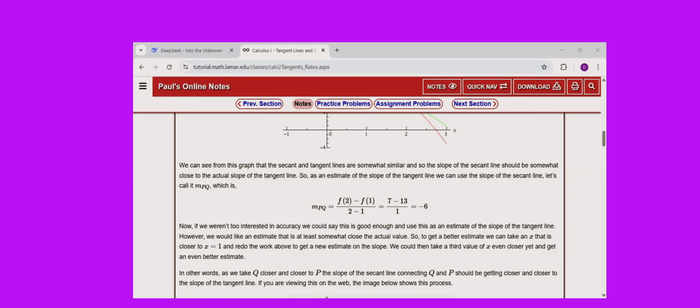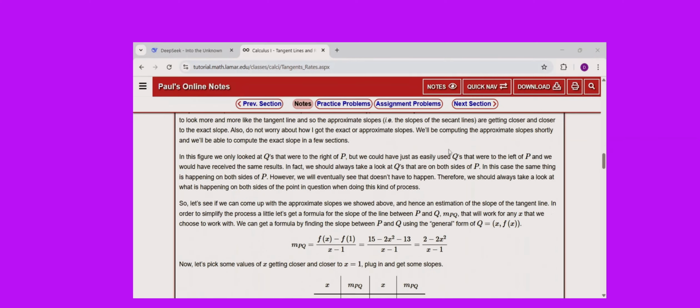Our next formula is the derivative of f of x, which is equal to f of x plus h minus f of x, divided by h. You know?